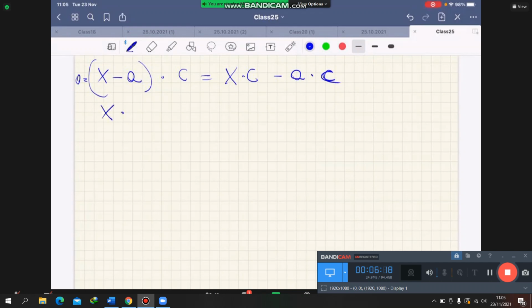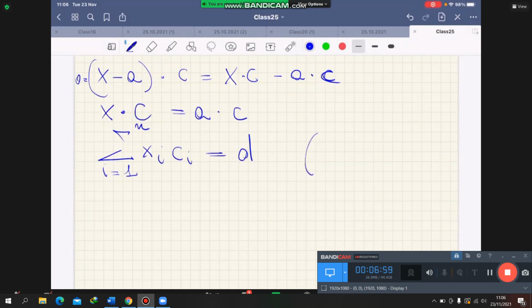So x scalar product c is equal to b scalar product c, which can be written as the sum of c_i x_i for i equal 1 to n equal d, where d is simply equal to b scalar product c.